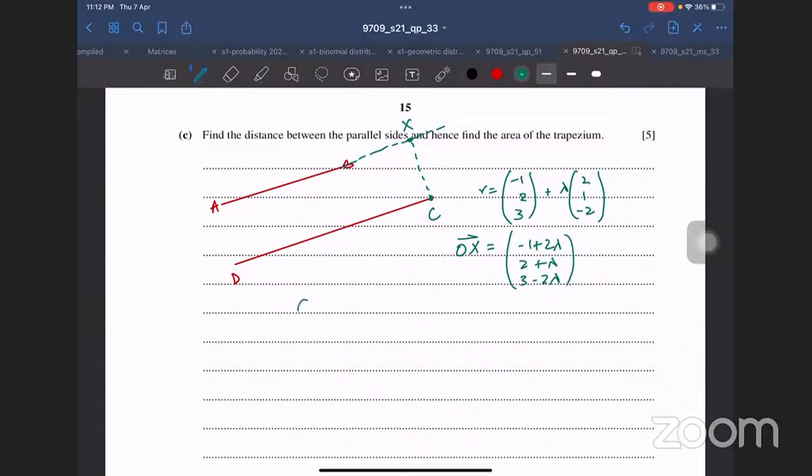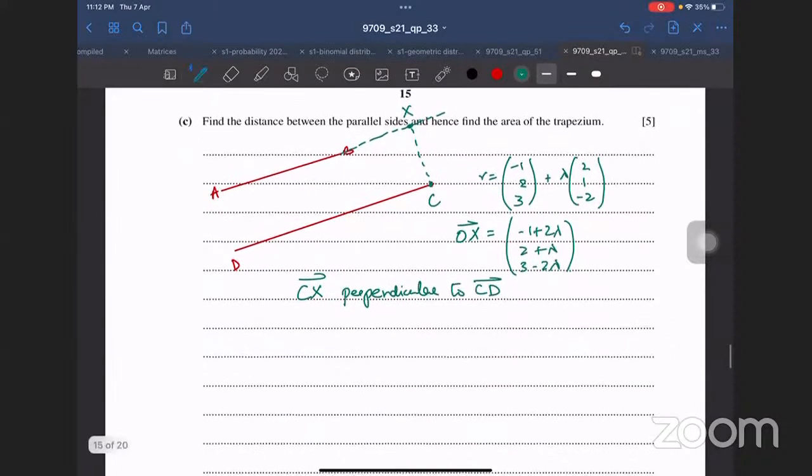I know that CX is perpendicular to CD. Okay, let's calculate CD on the side quickly.